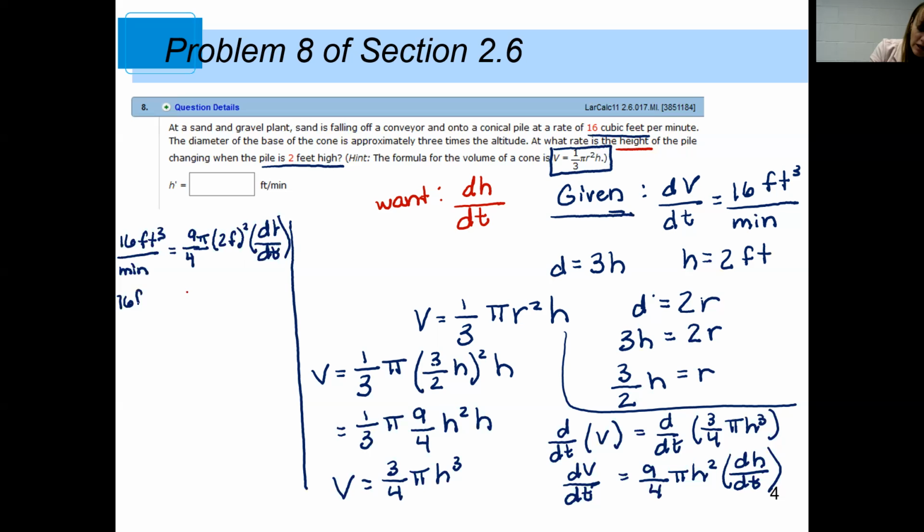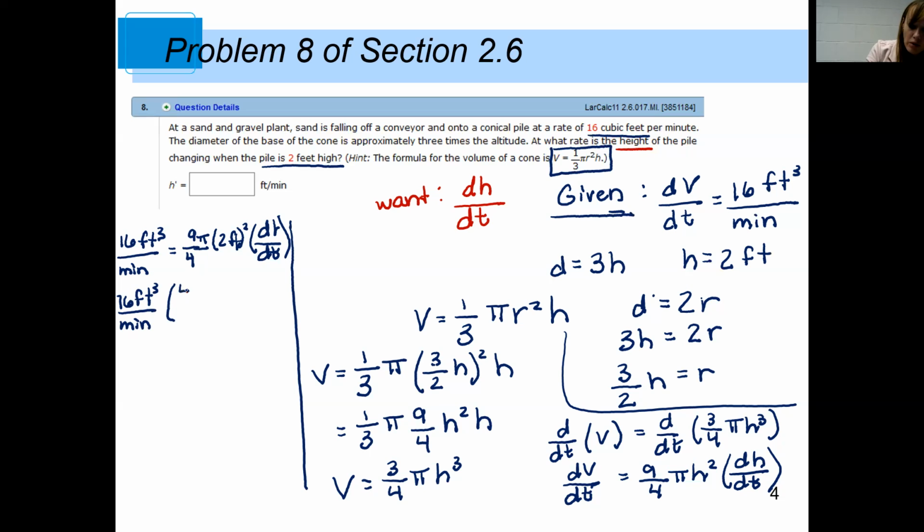Okay, so then I'm going to go ahead, and I apologize that this is kind of a little bit sloppy just due to space that I have. I'm going to divide both sides by the 9/4 pi and then this 4 feet squared. So really, you can think of that as a fraction. We're going to multiply by the reciprocal.